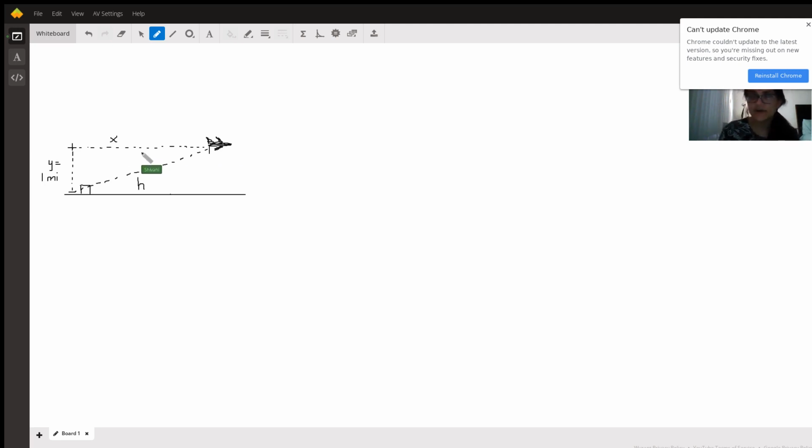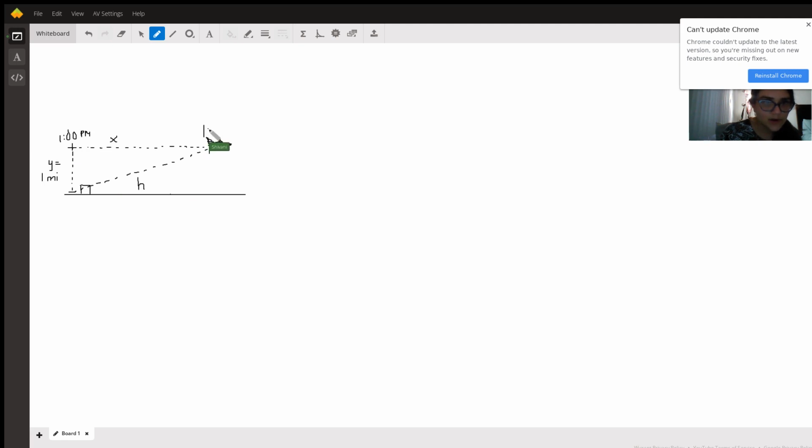So let's get started. The question is basically asking for the rate of change of this distance right here, h, at 1:06 p.m. At 1 o'clock p.m., the plane is exactly on top of the radar station down here.